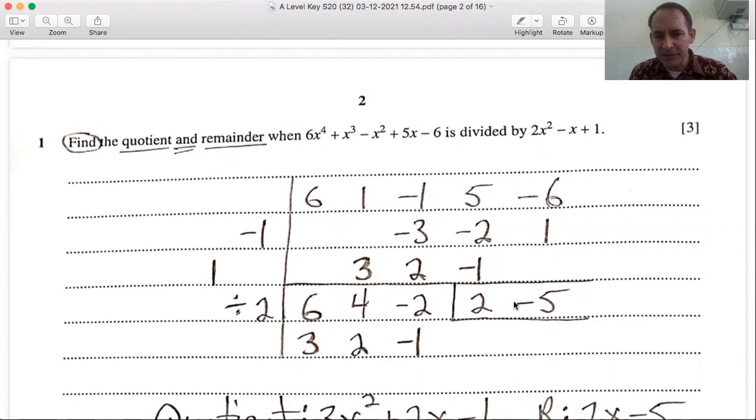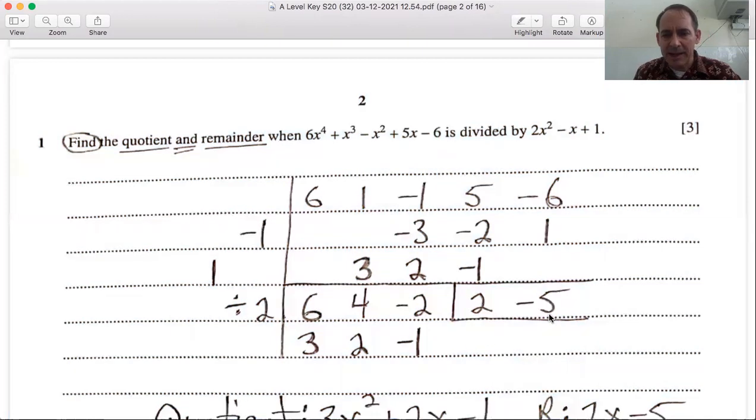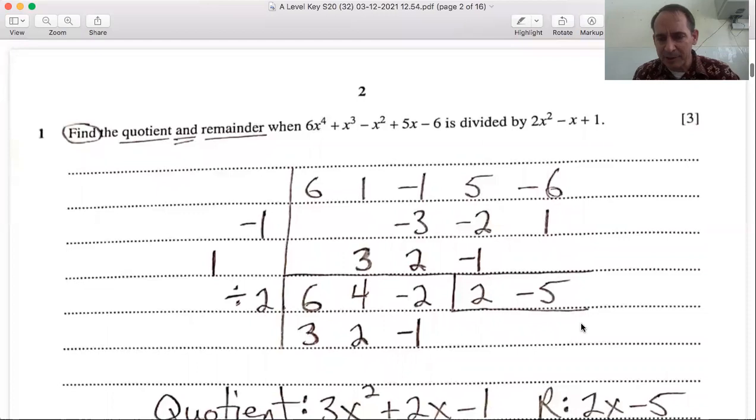And yes, the remainder can have more than one place value. And notice that with the remainder, we do not continue to divide by 2. So you only divide by 2 into the whole number parts that you get, but for the remainder part, you stop dividing by 2. You still add up the columns, and we have 2 and -5.